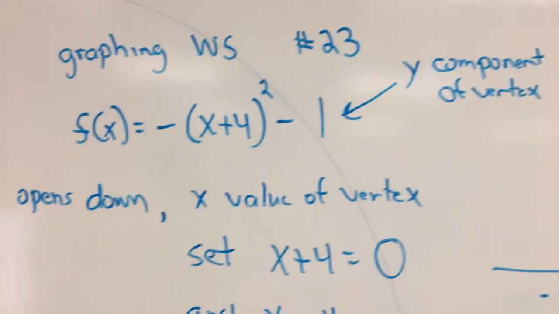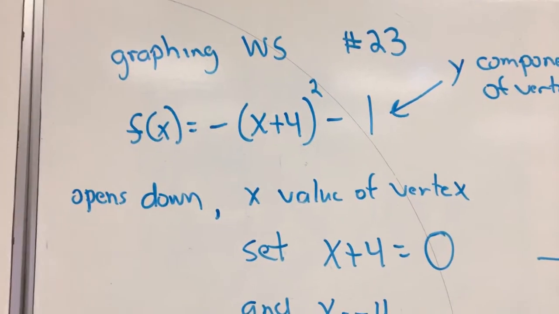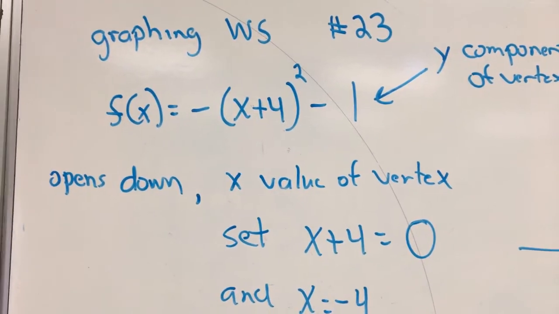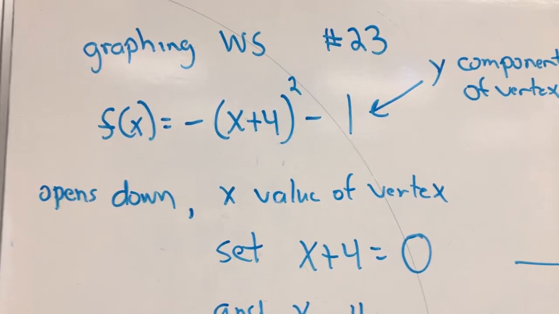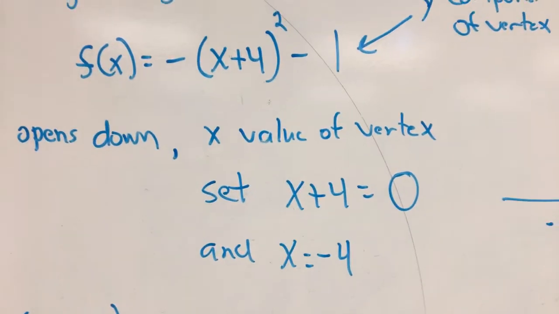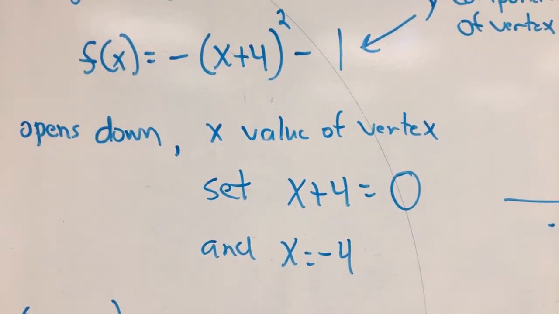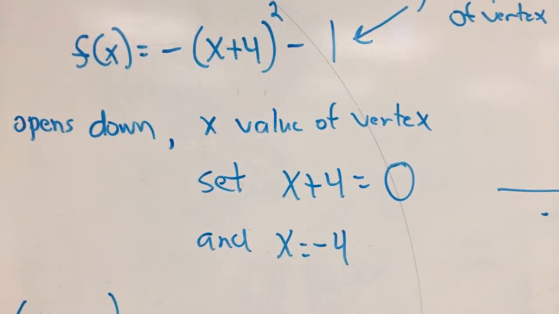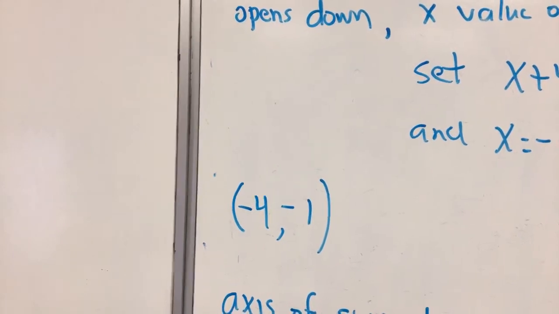Now to find the x component of the vertex, you need to take what's inside the parentheses and set it equal to 0. Inside the parentheses, we have x plus 4. So if you set x plus 4 equal to 0 and then solve for x, x is equal to negative 4. That is the x component of your vertex. So your vertex is at negative 4, negative 1.